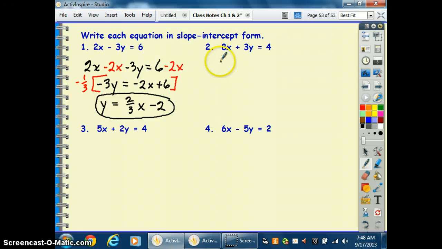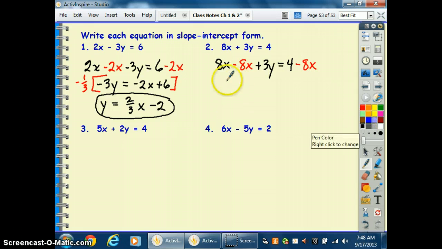Got to get rid of the 8x. So I'll say 8x minus 8x plus 3y equals 4, and then subtract 8x on this side. Okay, cleaning it up, we now have 3y equals negative 8x plus 4.